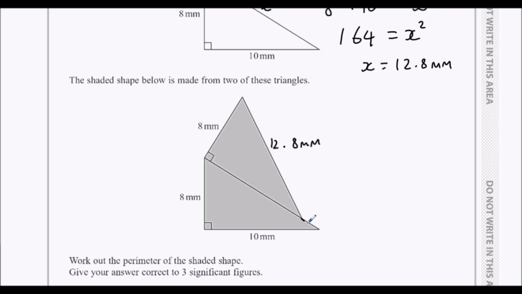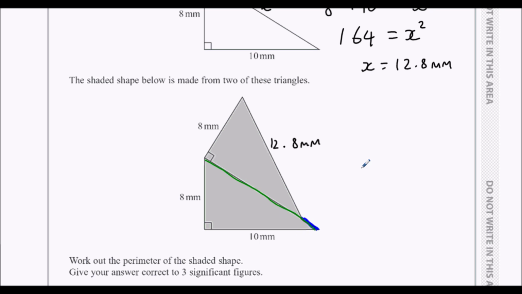How about this little bit here? So we've got this blue length here, which is a hypotenuse, a 12.8, which is the whole way across.